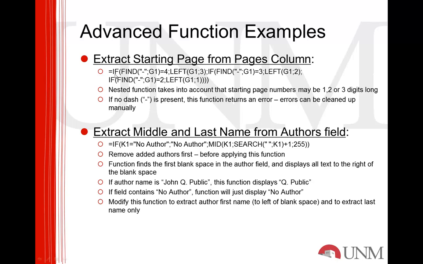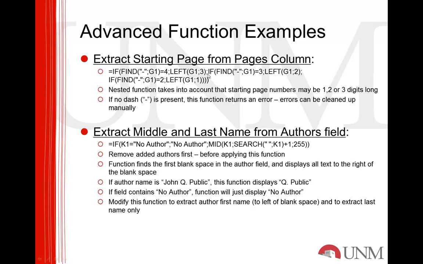The way this function is evaluating data in the cell G1 that it points to is that it wants to find first whether there's a dash in G1, and if that dash is located at position number 4, counting from the left, then we want to get the left 3 characters out of that cell.